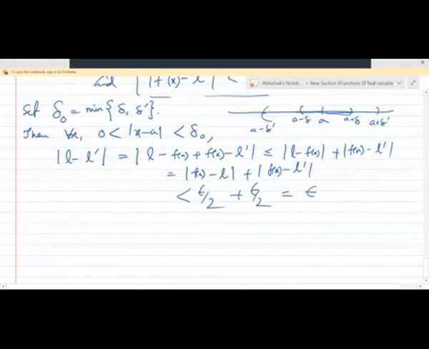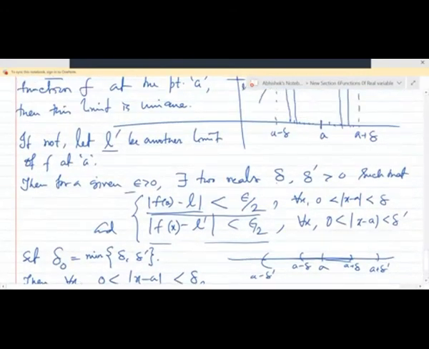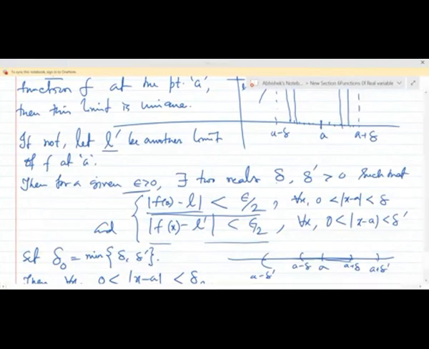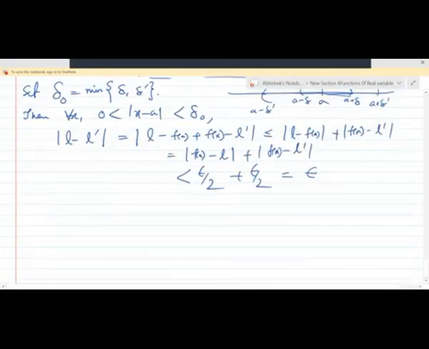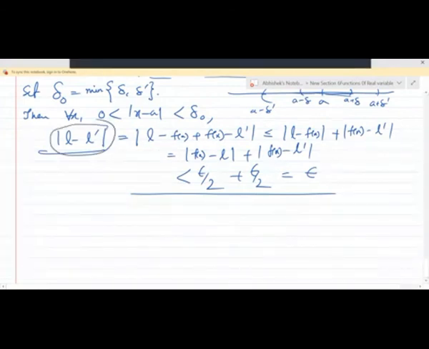But here you are choosing epsilon arbitrarily, right? You are not giving any fixed epsilon. You are saying that for a given epsilon, that means you can set any epsilon greater than 0. But for any epsilon greater than 0, you will definitely arrive at this situation, that the distance between L and L dash must be less than epsilon, right? But the fact is that this distance is fixed, so how could it be less than any epsilon greater than 0?